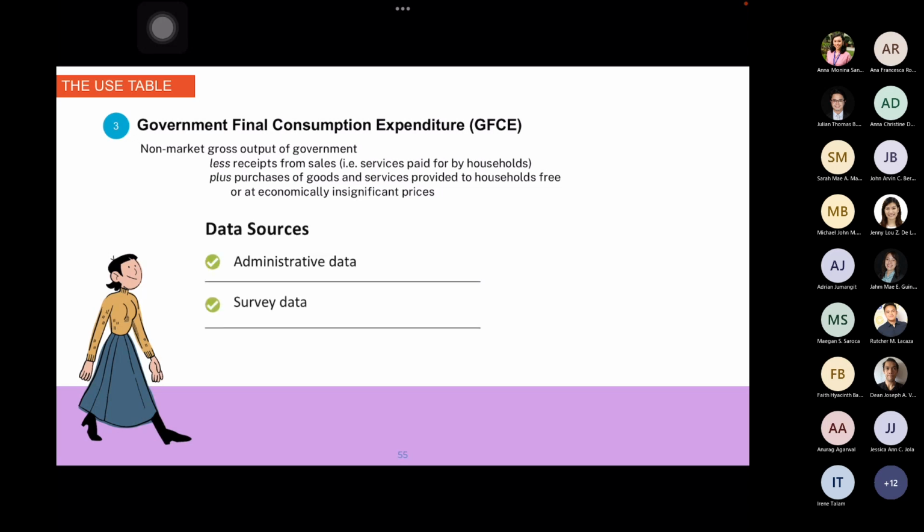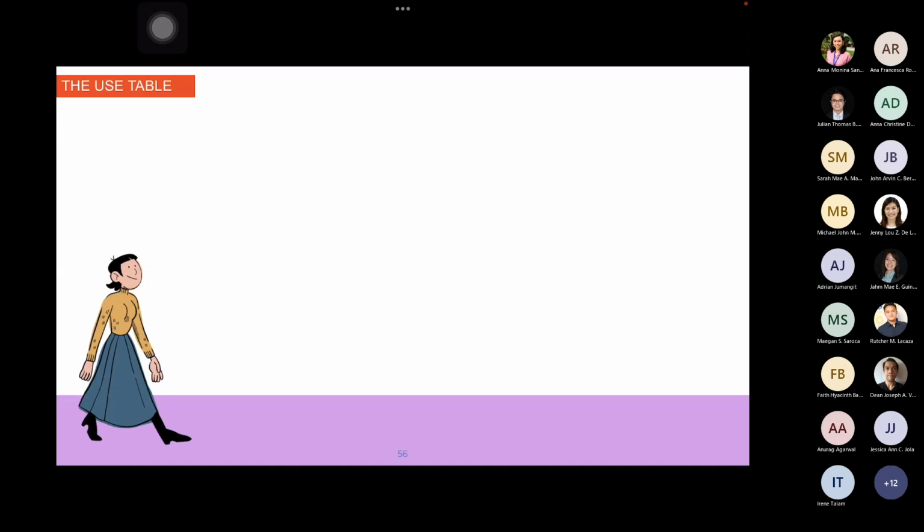Data sources would include administrative data, mainly provided by finance ministries or local government units. And this can be supplemented with specific survey data, such as detailed government expenditure.